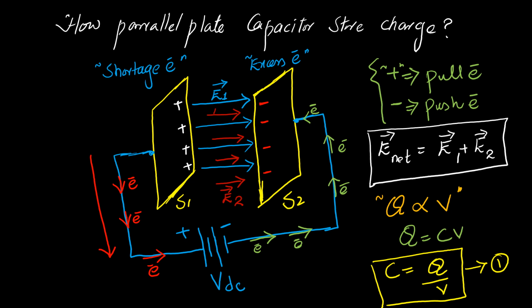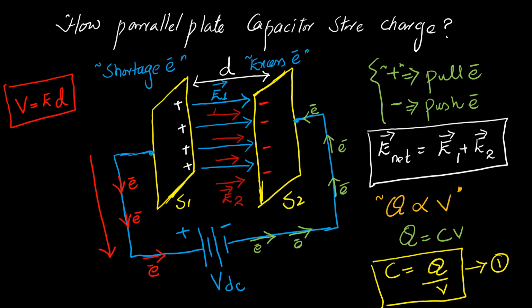Now let us calculate the capacitance of a parallel plate capacitor. In general, the equation for capacitance is C is equal to Q divided by V, and the potential difference V is equal to E into D. Suppose the distance between the two plates is D. So the potential difference between these two plates will be the total electric field times the distance between the two parallel plates.